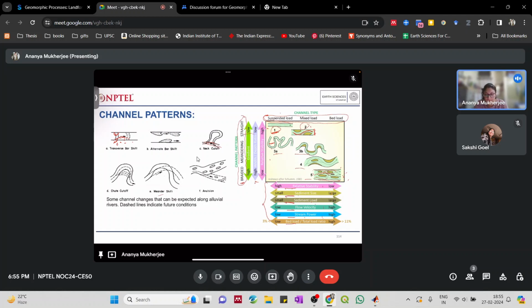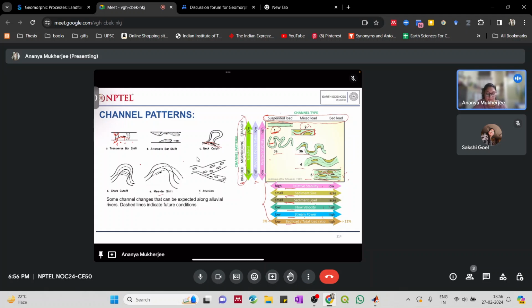So you can have a meander shift, maybe due to crustal uplift or subsidence that might have happened either in the upstream area or the downstream area, and the meander shifts, and then either the convexity of the meander curve increases or decreases. Then you have avulsion.